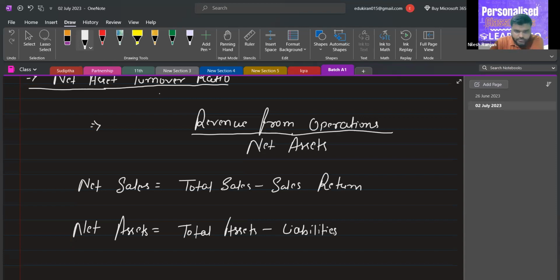Can you send me a pic of the net asset turnover ratio portion in chat here? Okay, leave it. We will discuss these portions in our next class. Let's discuss first the portion we have, since it will take time to send the portions. So let's take some other topic and we'll discuss the net asset turnover ratio in our next class.